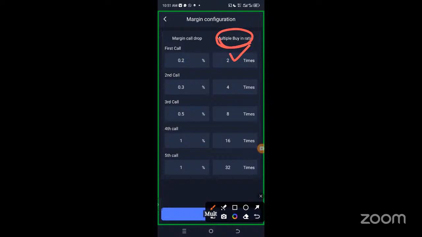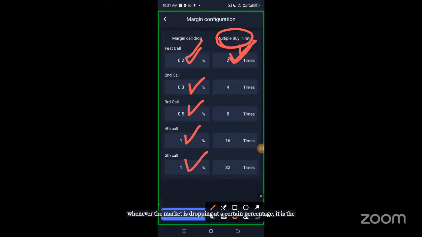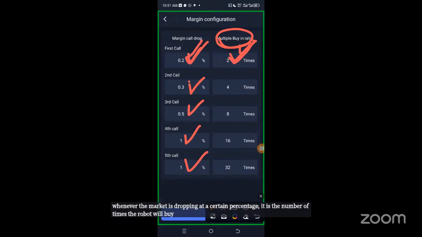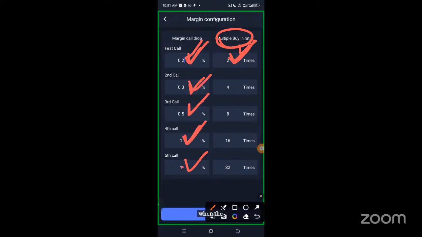Multiple buy means the number of times the robot will buy when the market is dropping at a certain percentage.